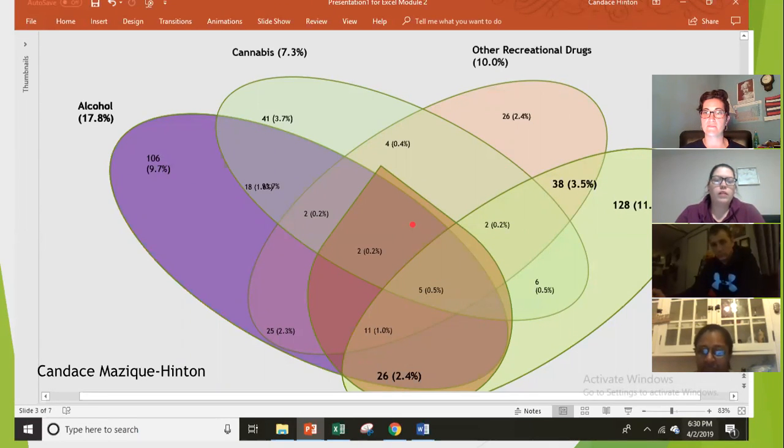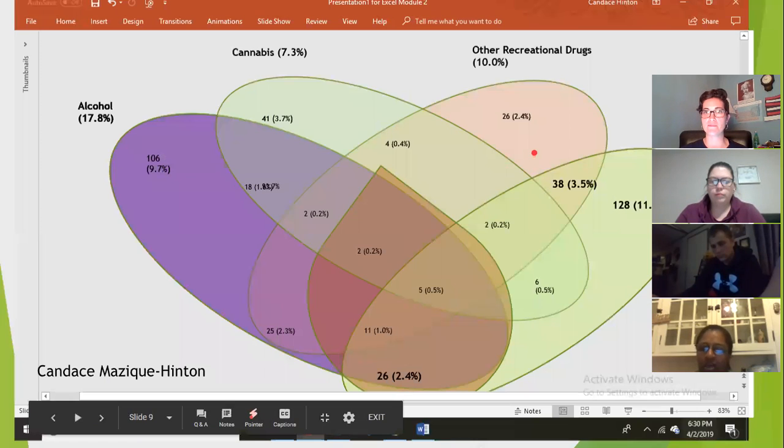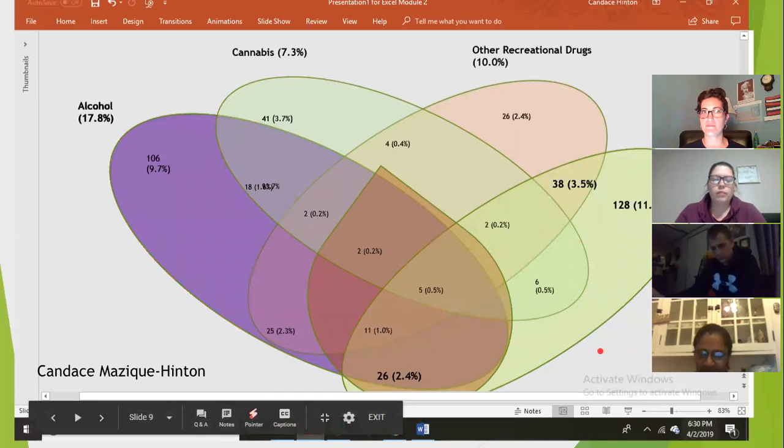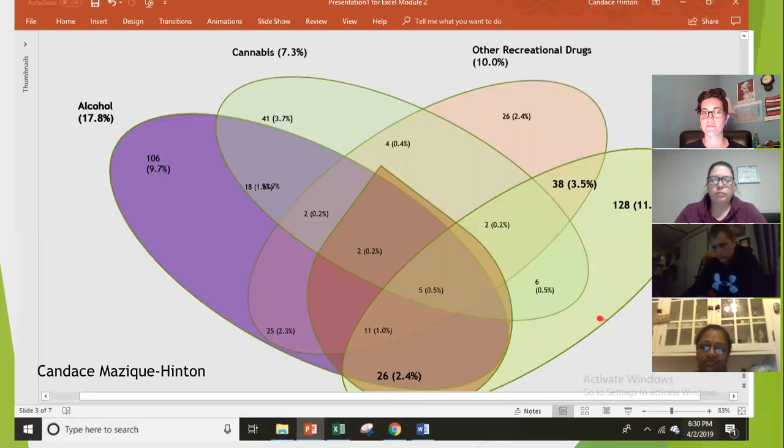You had 17.8% that were due to alcohol by itself, and then overall you had 59.9% that were negative and had no substances within their systems at all. But that is the third most leading cause of disasters that I was able to research.